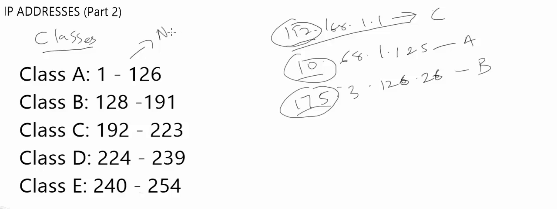Remember this when we're talking about the subnet mask and network address. The remaining octets are used for host addressing. That means the surname, the vicinity, the area name, is symbolized by the first octet. That means the first octet is used for the network address.